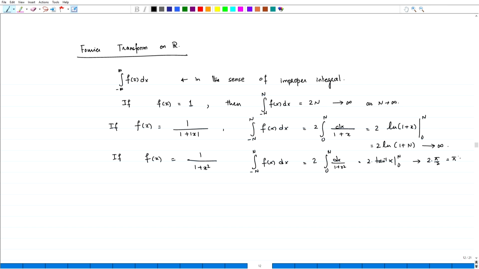So, what we see is that if we give a moderate decay of the 1 over x square kind, then this is going to be integrable.